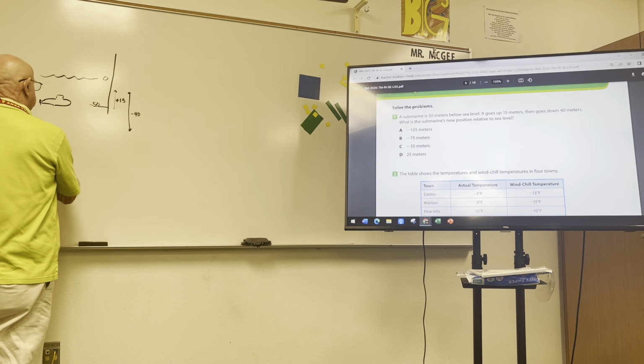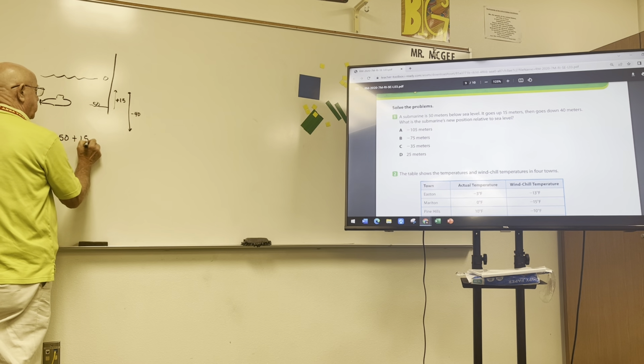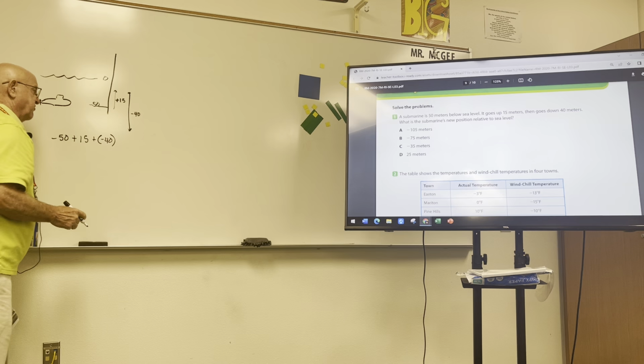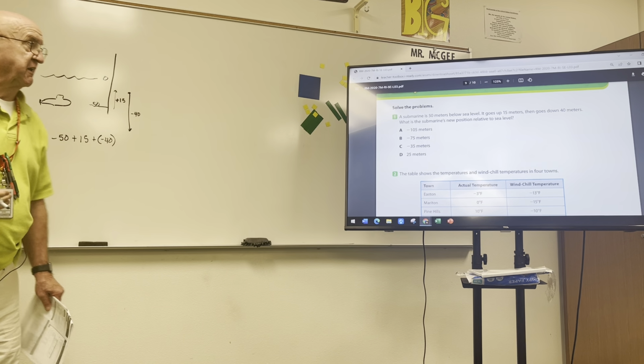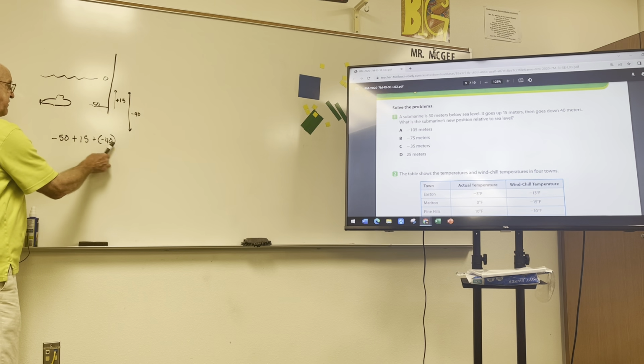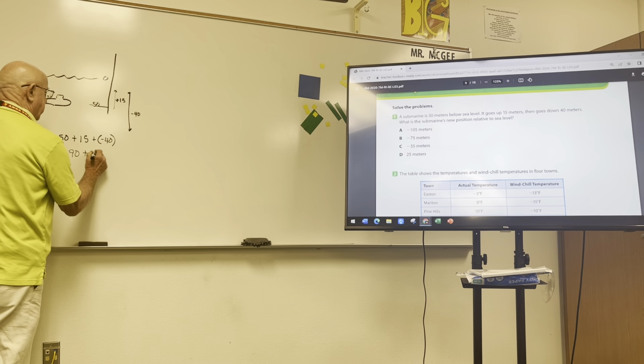If we want to write that as an equation, we start with where they told us. They said it started at negative 50, right? Then we go plus 15, and then plus a negative 40. Remember, addition is easier than subtracting. In this case, we have 50 and 40, which are both negative, so we can add them together. We have negative 90 plus 15.